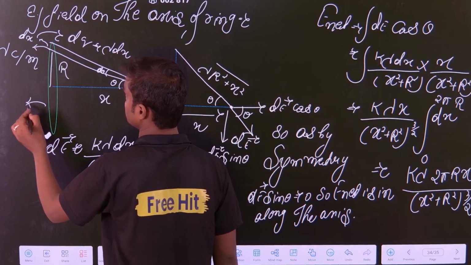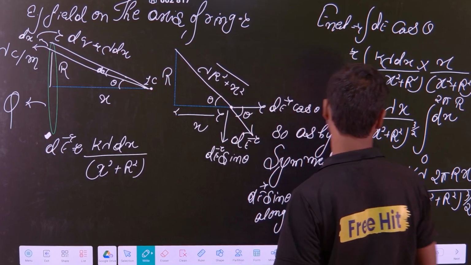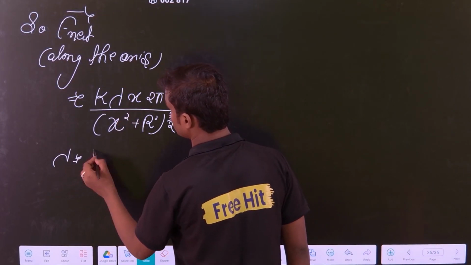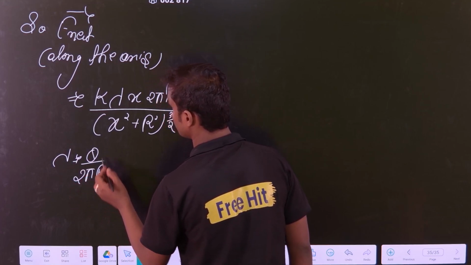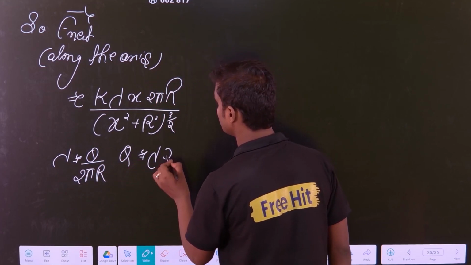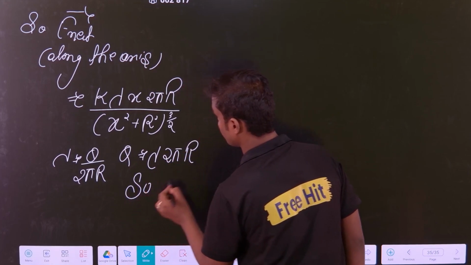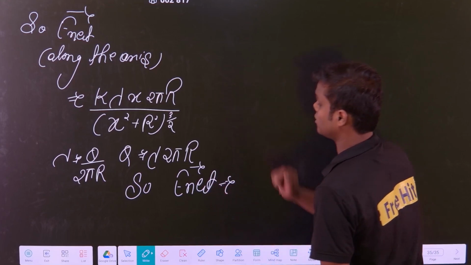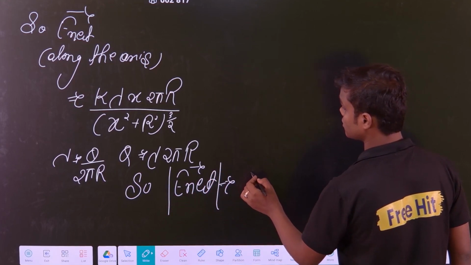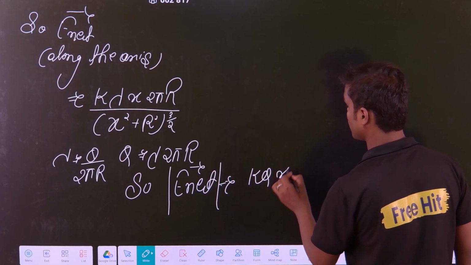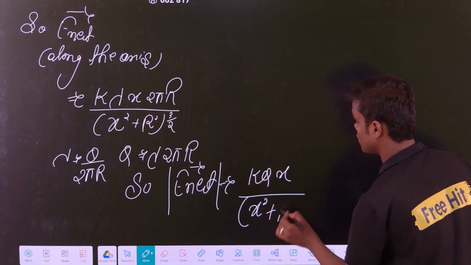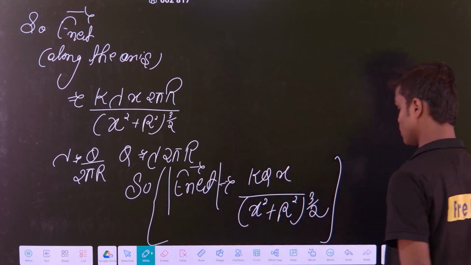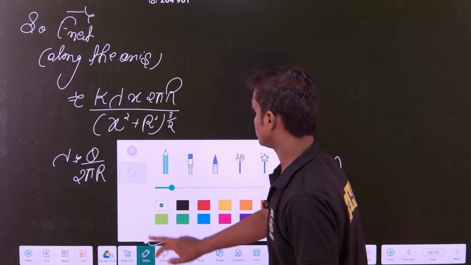Suppose the total charge on the ring is capital Q. Lambda is charge per unit length, so you can replace Q is equal to lambda into 2 pi r, correct? So my final E net will be k q x upon x square plus r square to the power 3 by 2. That is the thing you have to remember.